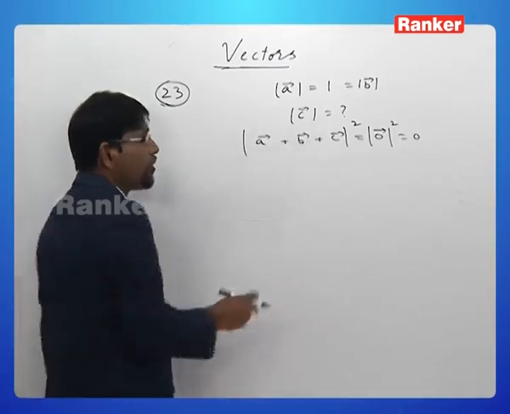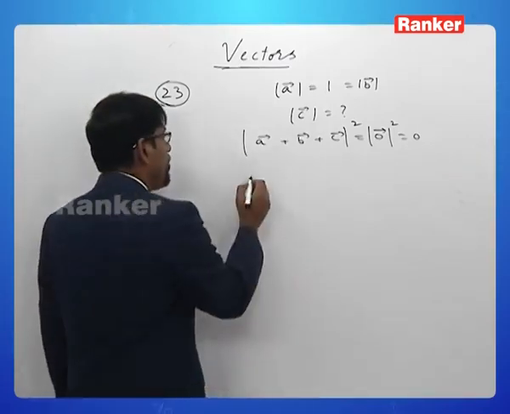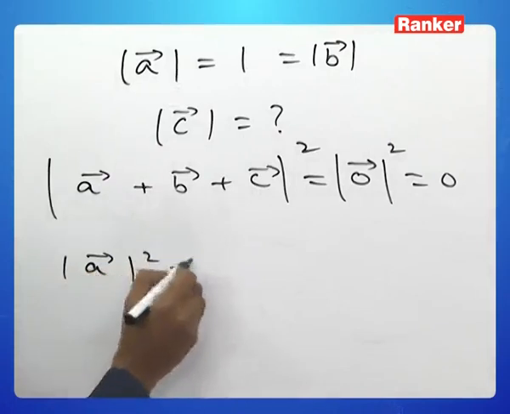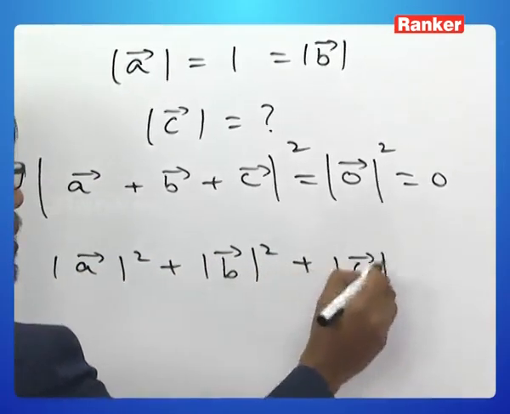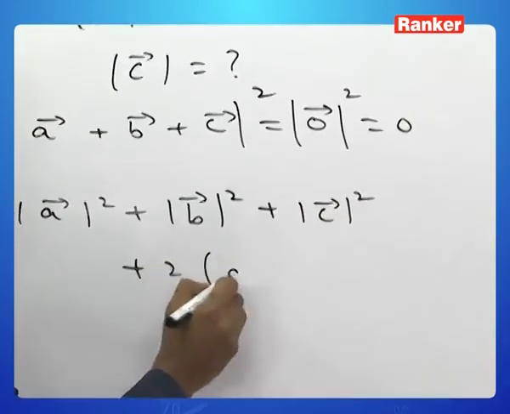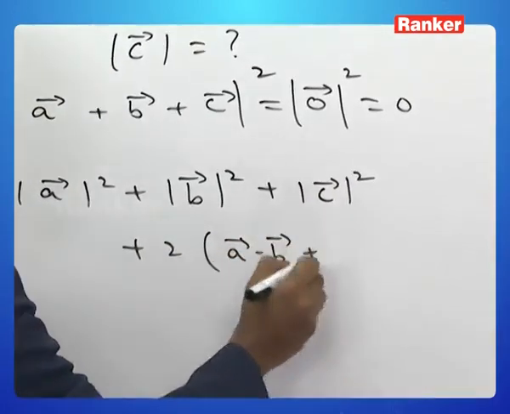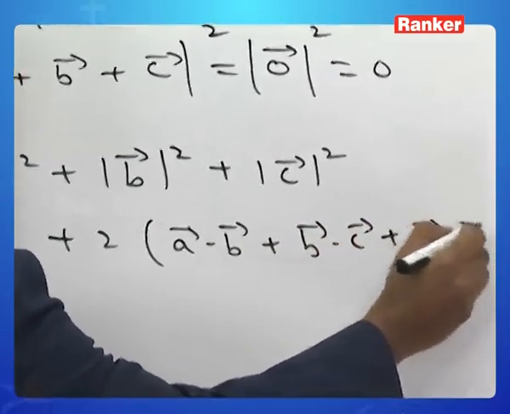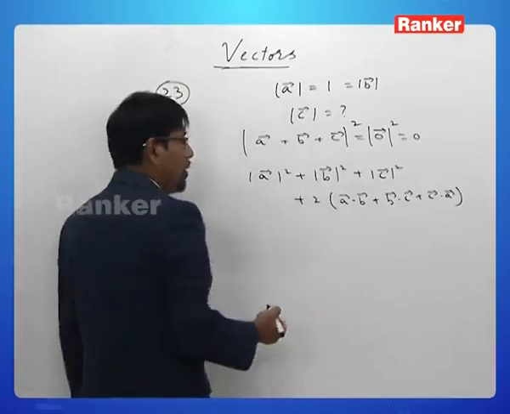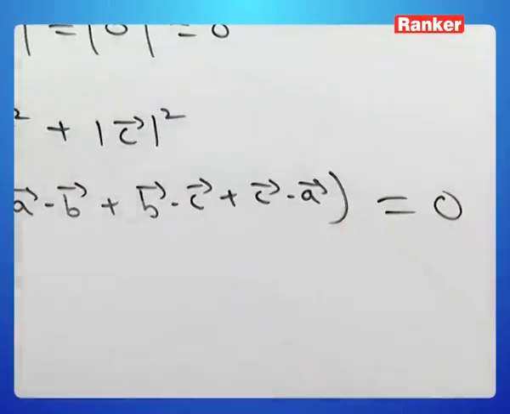But what is the magnitude of a plus b plus c, the whole square? Magnitude of a square plus magnitude of b square plus magnitude of c square plus 2 into a dot b plus b dot c plus c dot a, the whole thing is equal to 0.